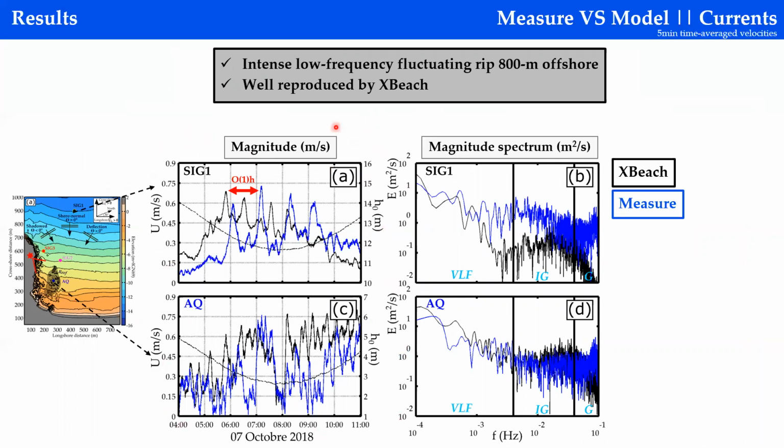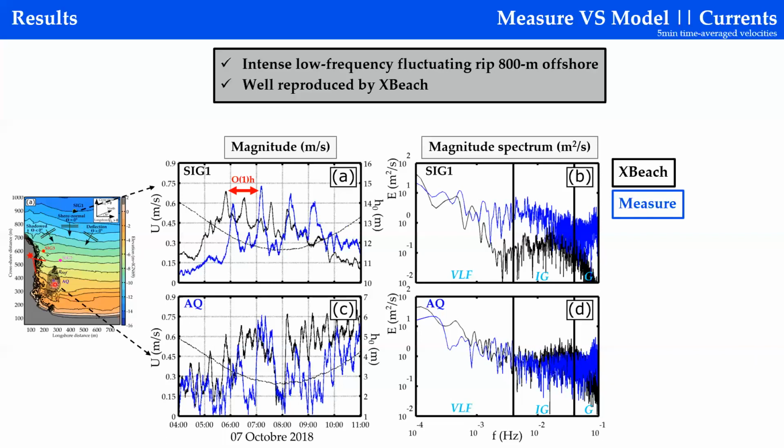If we focus on the low tide of this event, here we show on the left panels the temporal evolution of the velocity magnitude for both the model in black and the measure in blue, at both the offshore instrument here, SIG1, and the onshore instrument.